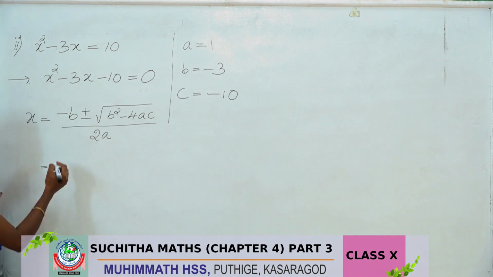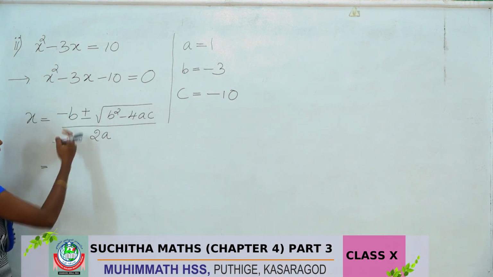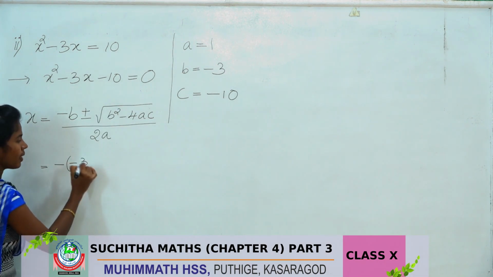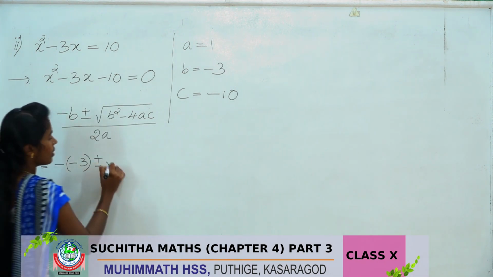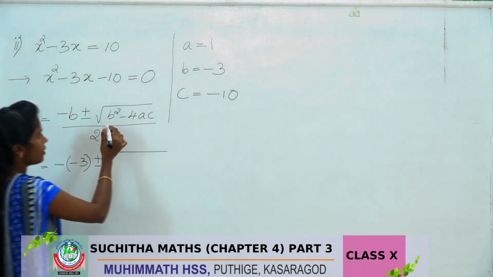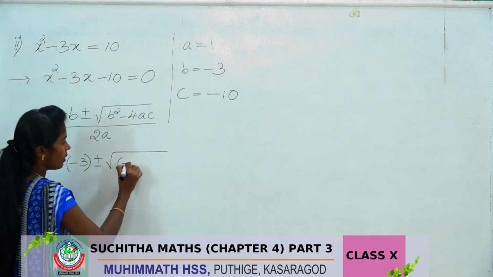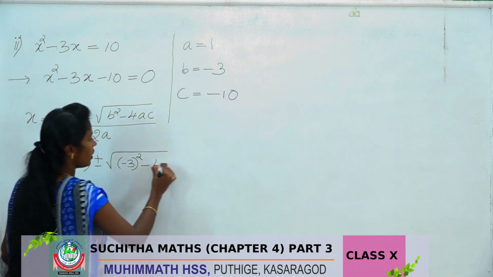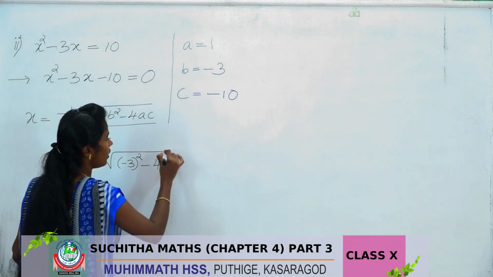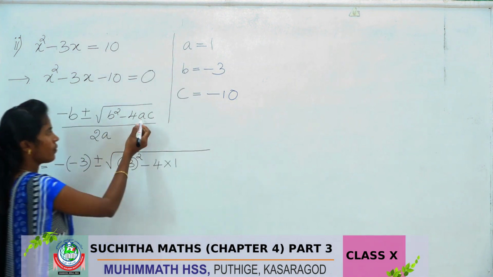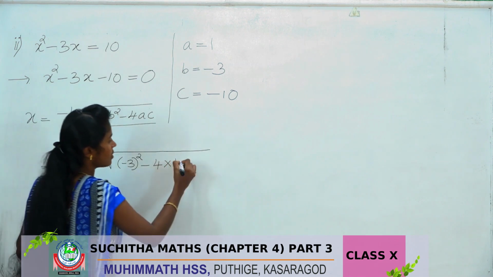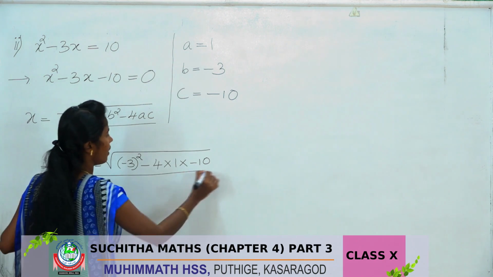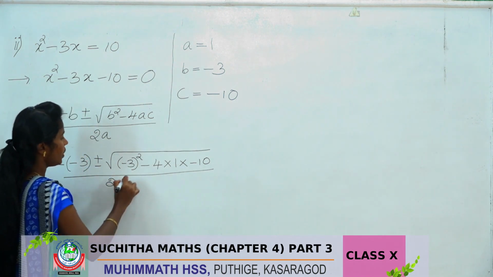Now apply these values. Minus b, value of b is minus 3. Minus of minus 3 plus or minus square root of b square, that is minus 3 square, minus 4 into 1, value of a is 1, into c, c is minus 10, divided by 2 into a.